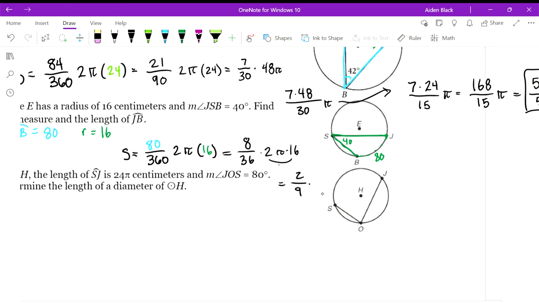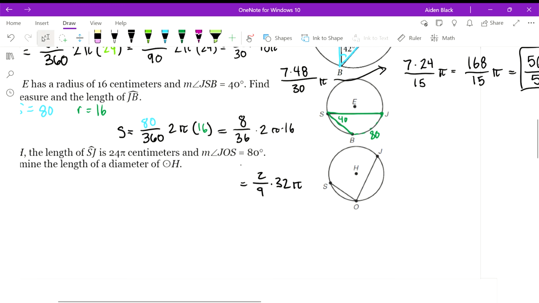And then let's multiply 2 and 16. That's 32 pi. 32 times 2 is 64. It looks like that is as simple as we can get it. So it should be 64 pi ninths or 64 ninths times pi.